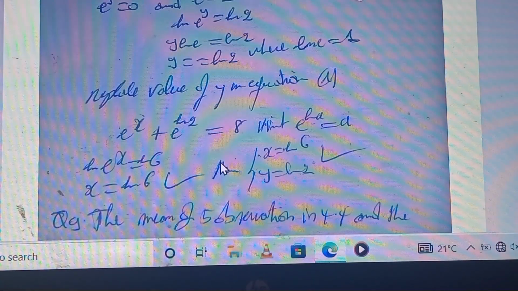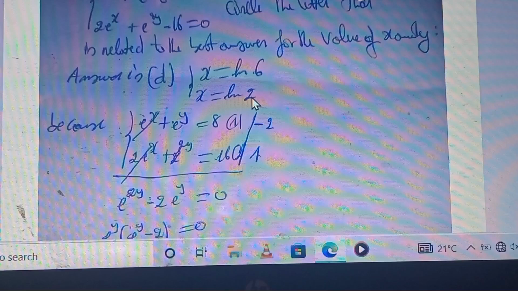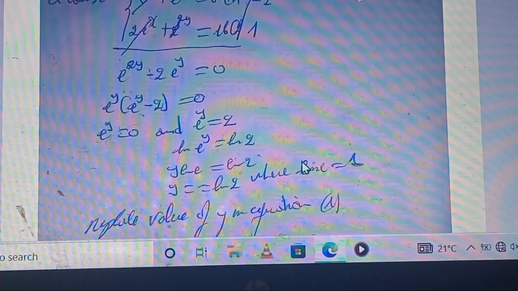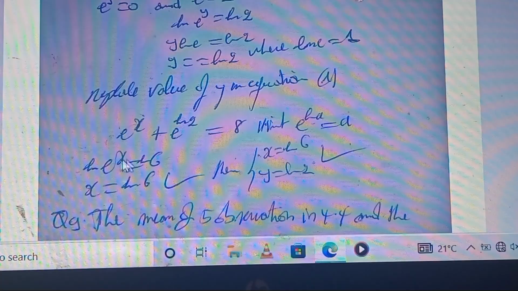After getting the value of y, you continue to find the value of x. We substitute in equation 1 the value of y you got. After substituting, you will get e power x plus e power ln 2 is equal to 8. According to that property, e power ln a is equal to a, meaning e power ln 2 is equal to 2.